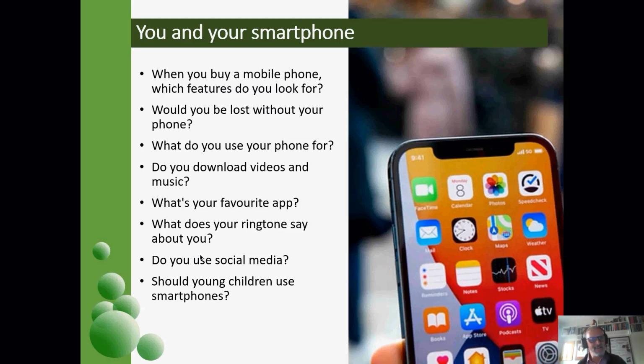Maybe not everyone is as old as me, but there will be some youngish people and some a bit older people, and I think that according to your age, you will have a different relationship to your phone, to the technology, and to the idea of social media.